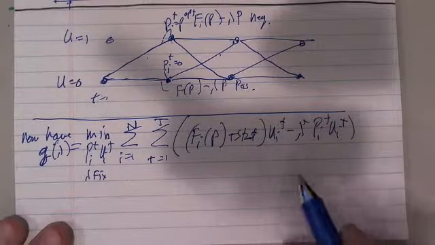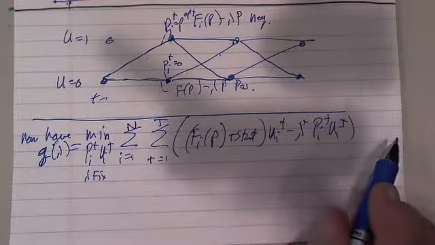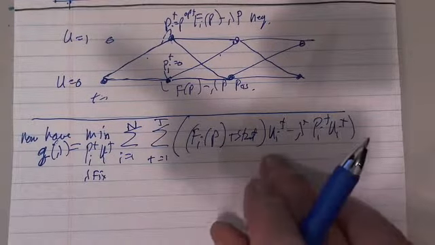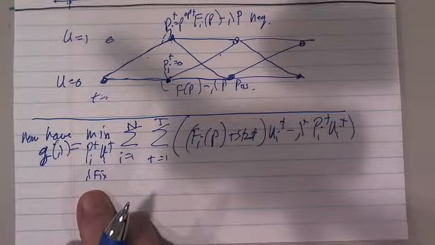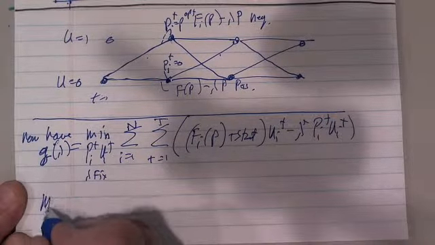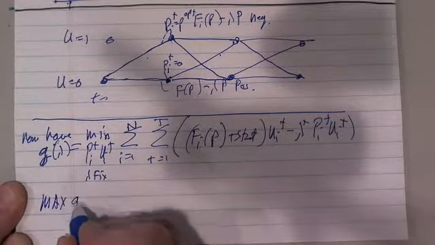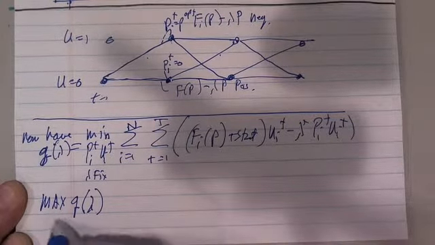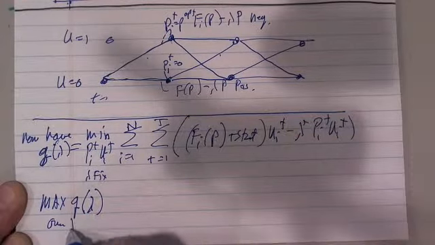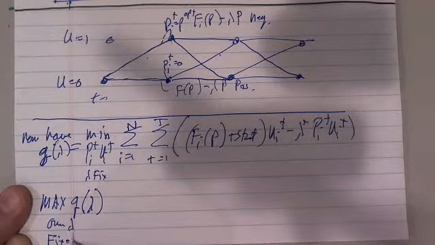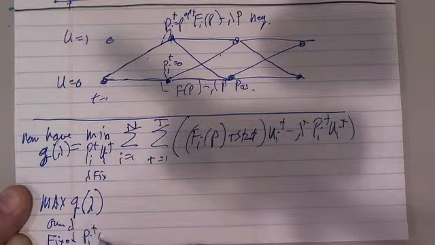So I have a p value and a u value for every time step for every generator. Now I'm going to do something with the lambdas. I want to maximize q of lambda over lambda, my variable, with p i t and u i t fixed.